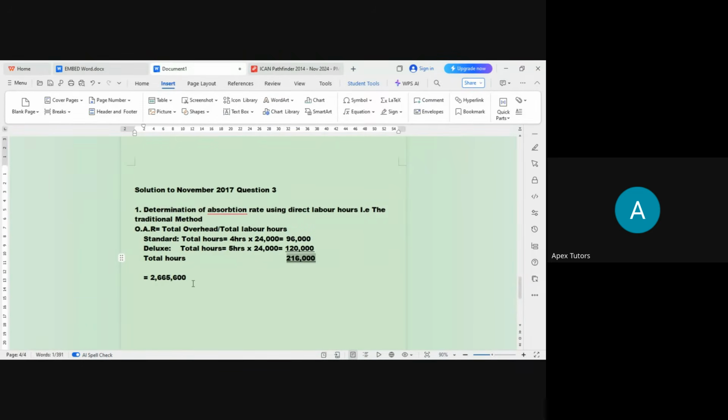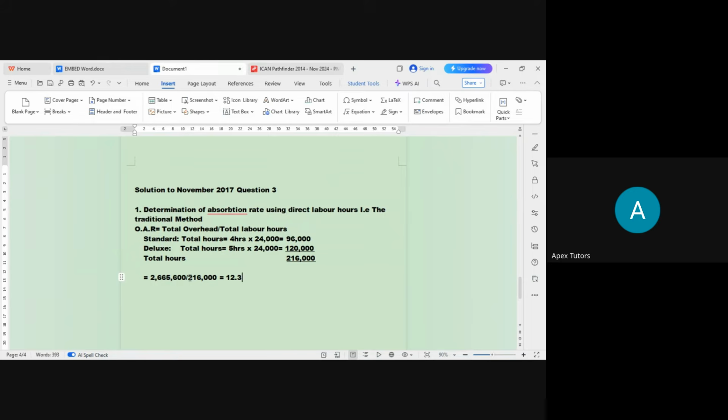So the total overhead is this. So the total hours is 216,000. So how much are you paying? The overhead absorption rate, 12.3.